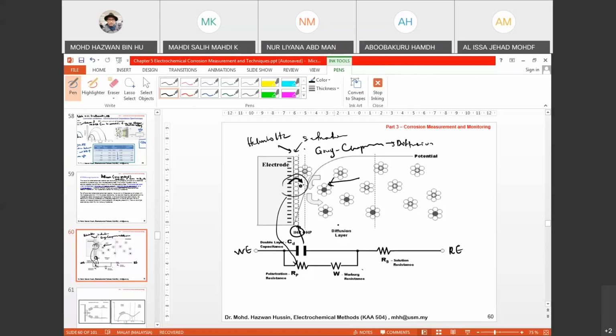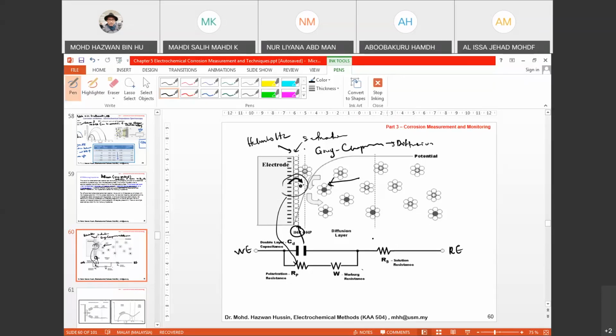And then you have a diffusion layer. This is due to the effect of the other species being pushed or diffused to the surface. Diffusion occurs at the outer Helmholtz region, and this will create another resistance known as Warburg resistance. And further to the reference electrode, you still have your solution resistance.